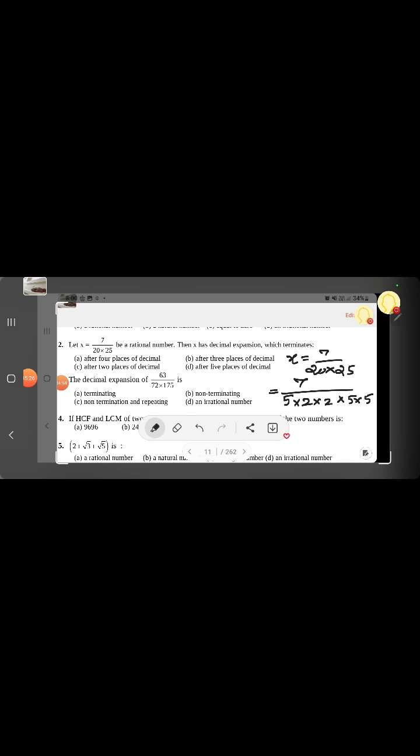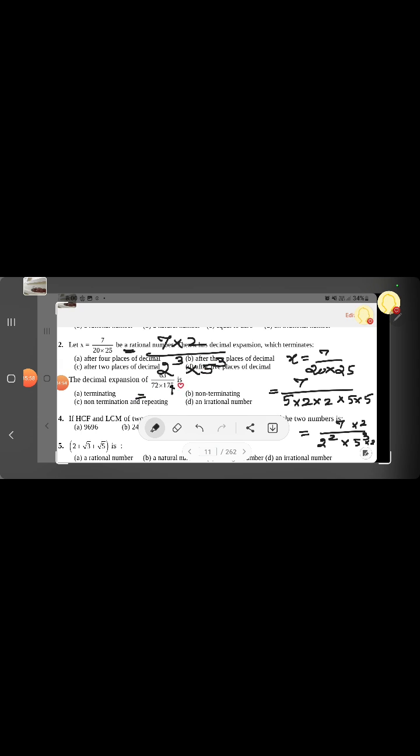So here this is 7 by 2 square into 5 cube. Here 5 is repeating 3 times, so I am multiplying the numerator and denominator by 2. So I am converting that into 7 times 2, which is 14, and the denominator will become 2 cube into 5 cube.